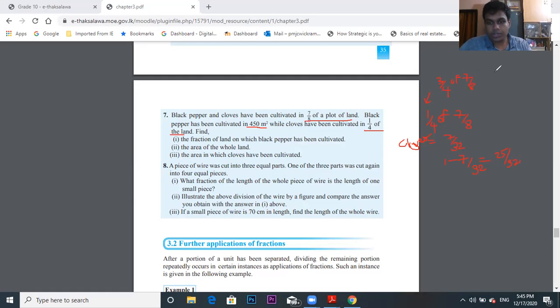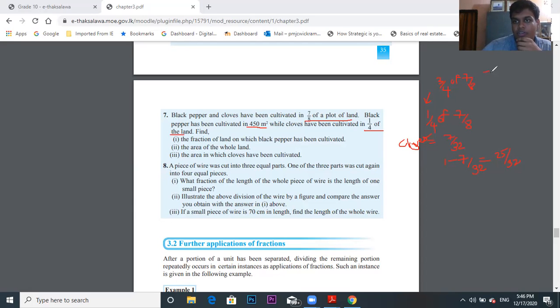Or else with the first method, the answer will be 3/4 of 7/8, which will be 3 into 7, 21, and 8 into 4, 32.